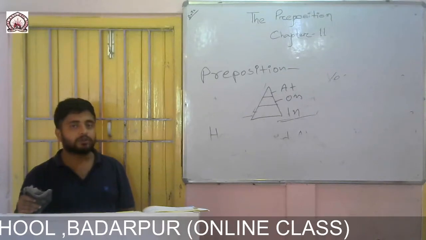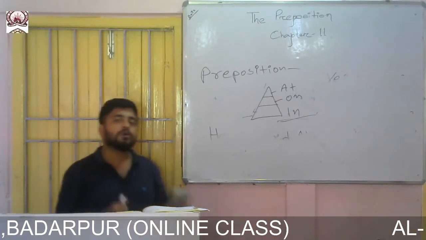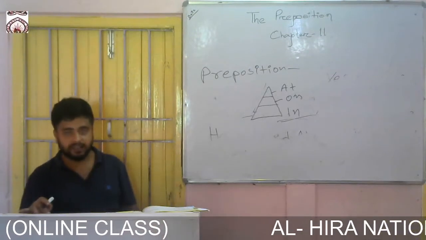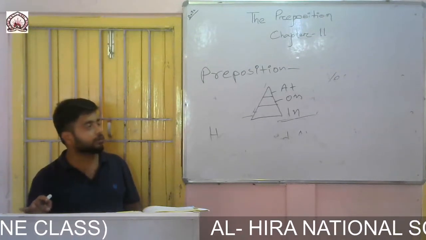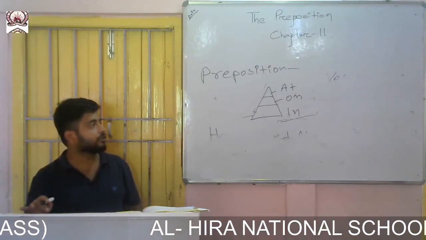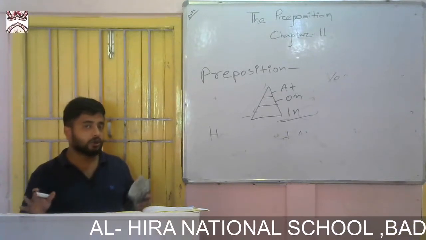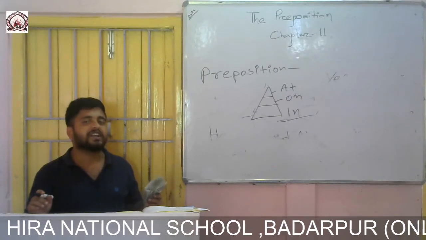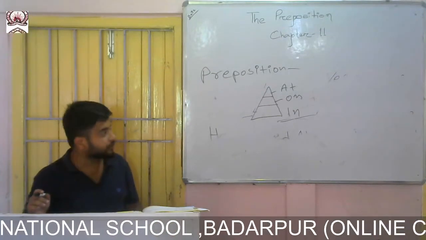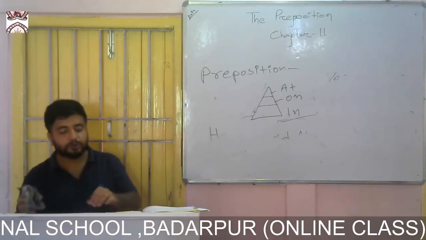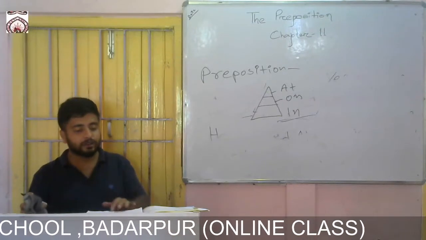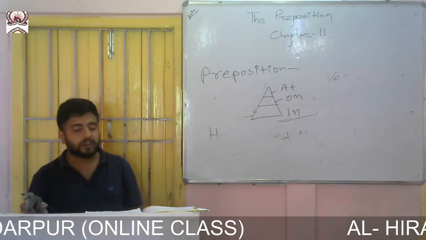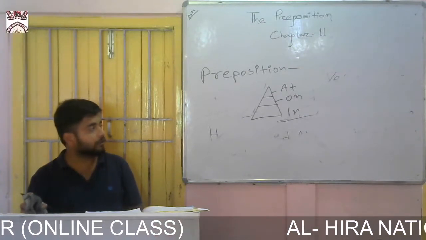On is used for a single day or days of the week like Friday, Sunday, Monday. We have to use on. Always remember this. In we have to use if we want to indicate year, month, century, decade, and with on what we have to use? That means to indicate days of the week or a single day, what we have to use?